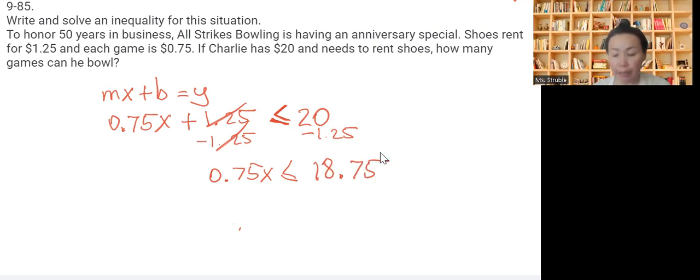And to find x, we're going to divide both sides by 0.75, and on the left we will get x.